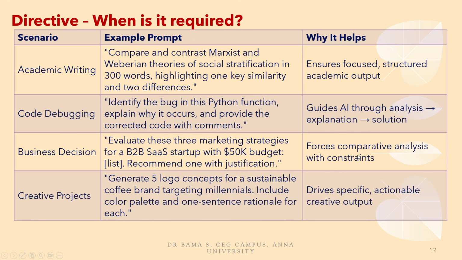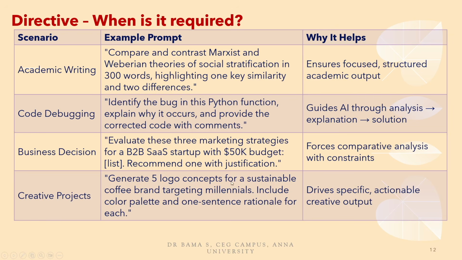Here is a comparative analysis, and here we are also giving the constraint where we recommend one with justification. And creative projects: generate 5 logo concepts for a sustainable coffee brand targeting millennials. So this again, generate 5 logos, is a directive, and we are saying it should include a color palette, that is, how the prompt should behave, how the AI should generate the answer.